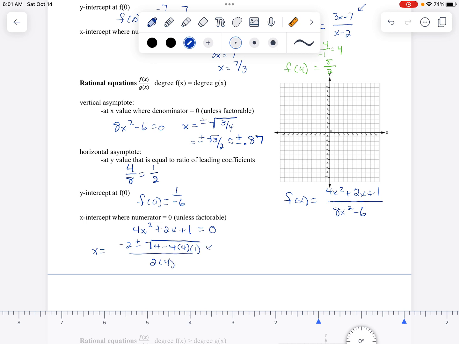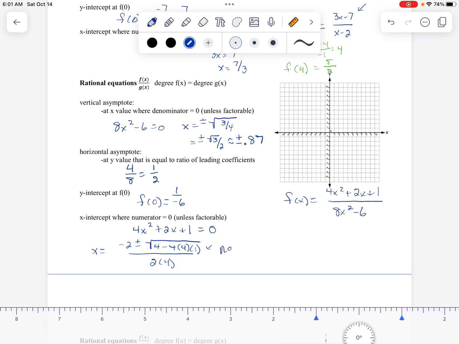As you can see, we're going to have a negative under the radical, so it's not going to intercept. So there's none. No x-intercept.